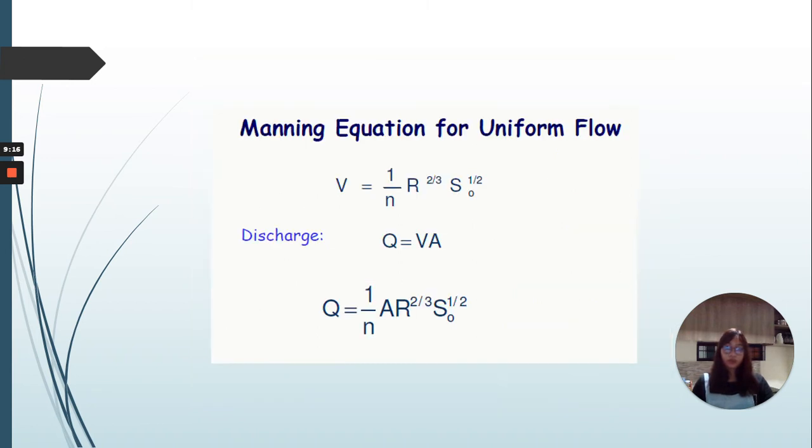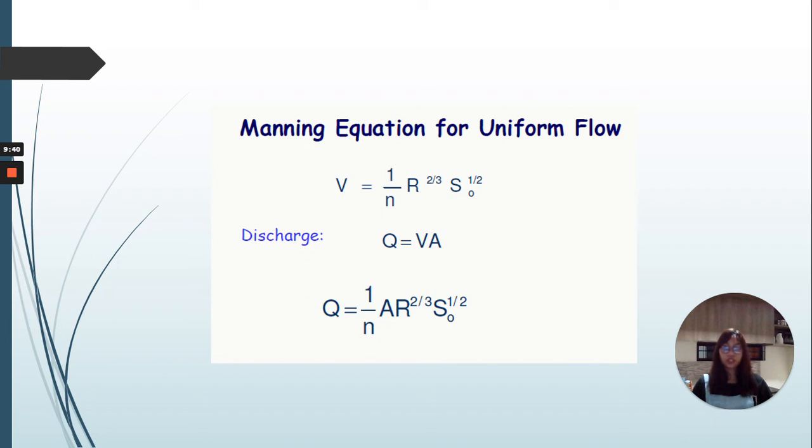And in the Manning equation for uniform flow, we can use the equation V, or velocity, is equal to 1 over Manning's roughness coefficient n times hydraulic radius R to the power of 2/3 times channel bed slope S sub O to the power of 1/2.